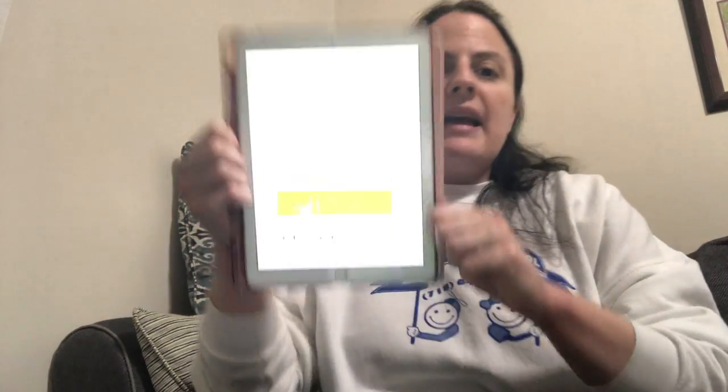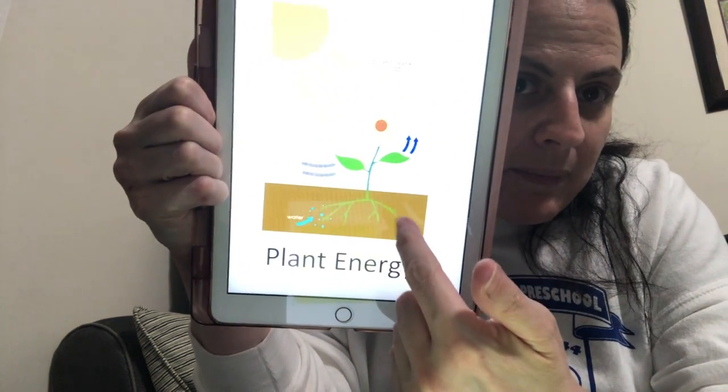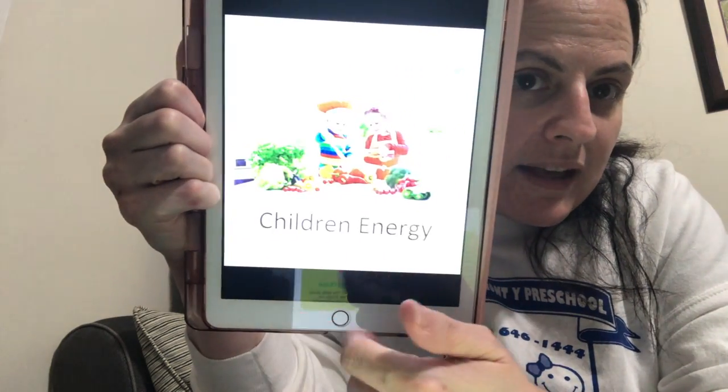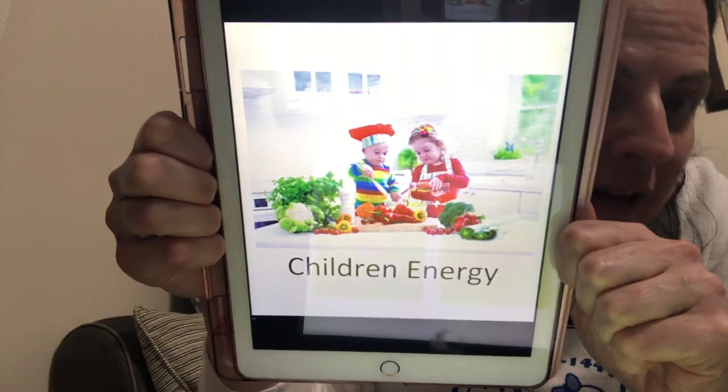Now, before we begin our book, I need to go over our vocabulary words for that book. So the first vocabulary word is actually energy. This is plant energy. Remember, the plants take energy from the sun and the water, and then here's children energy. You get your energy from eating these vegetables.